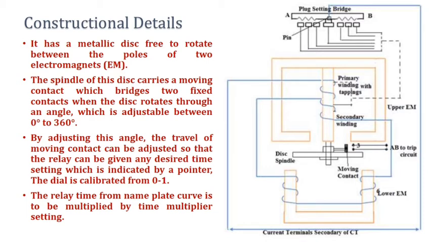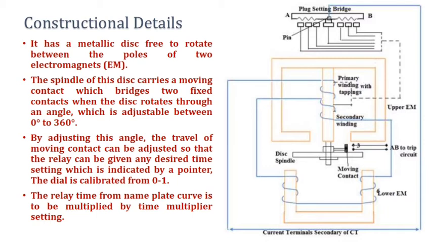The spindle of the disc carries a moving contact which bridges two fixed contacts as the disc rotates through an angle which is adjustable between 0 and 360 degrees. By adjusting this angle, the travel of the moving contact can be adjusted so that the relay can be given any desired time setting, which is indicated by a pointer.